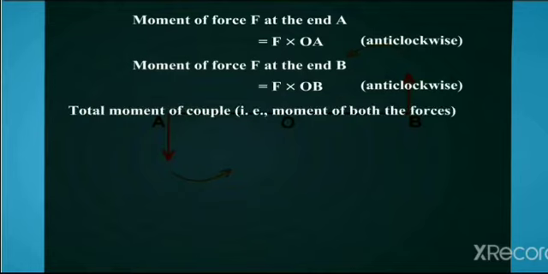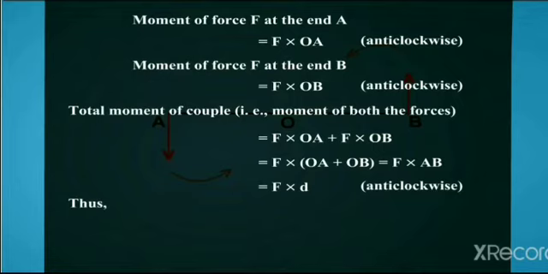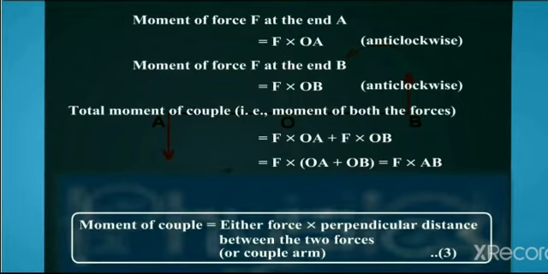Total moment of couple, that is the moment of both the forces, is equal to F × OA + F × OB, which equals F × (OA + OB), which equals F × AB, which further equals F × D anti-clockwise. Thus, moment of couple is equal to either force into the perpendicular distance between the two forces, or couple arm.